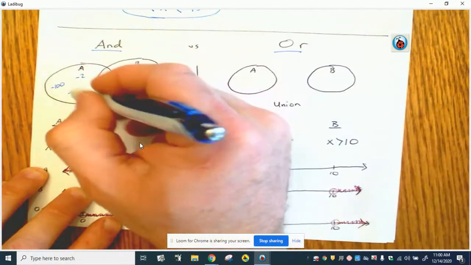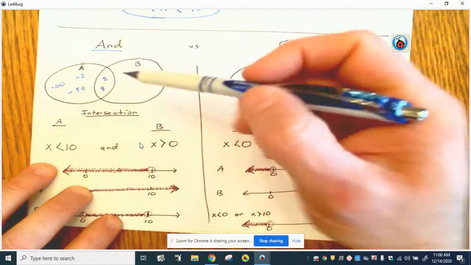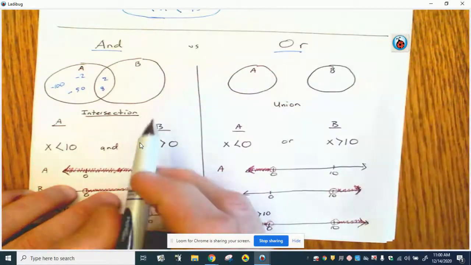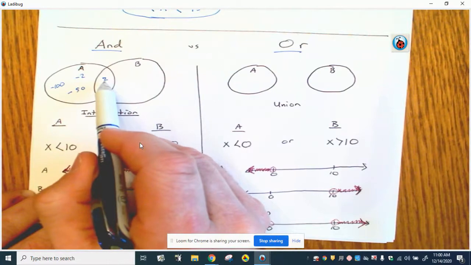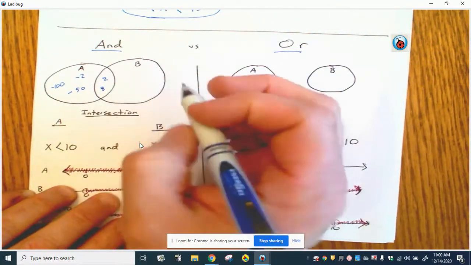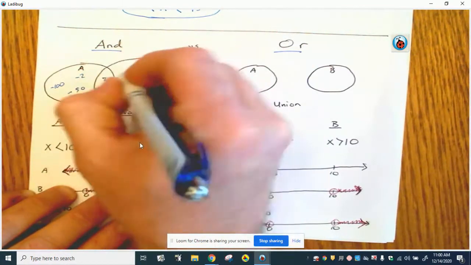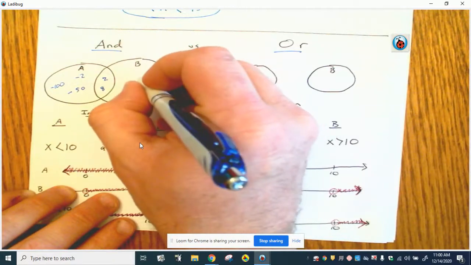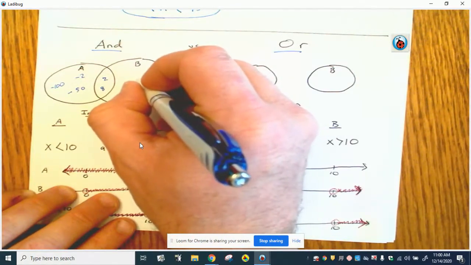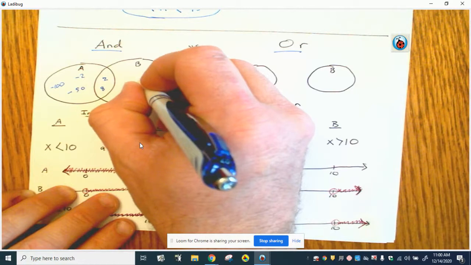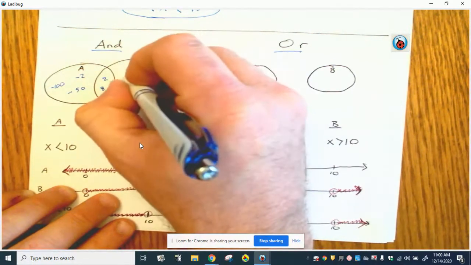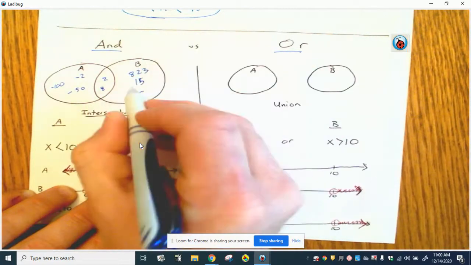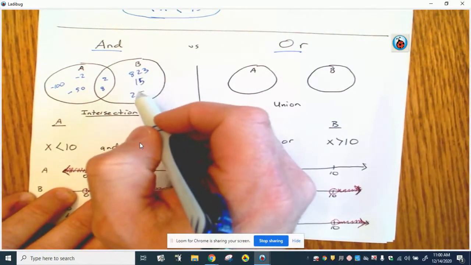Those numbers are all less than 10. Now we also have a different situation where x is greater than 0. Well, 2 is greater than 0, 8 is greater than 0. Numbers like 15 or 25 or 823 are also greater than 0 as well.